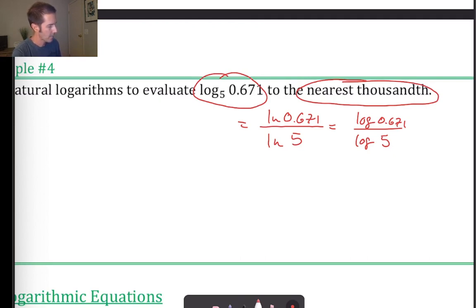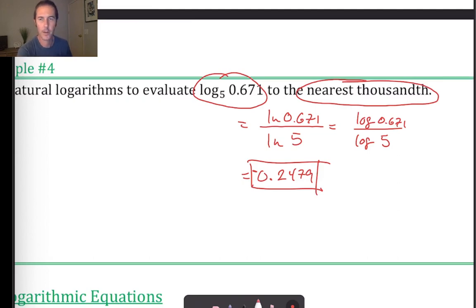And I got negative 0.2479. That should be negative 0.2479. So that's the change of base theorem, which allows us to use a calculator to evaluate a logarithm with any base.